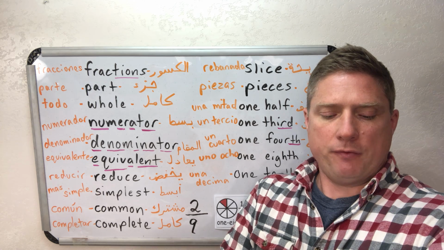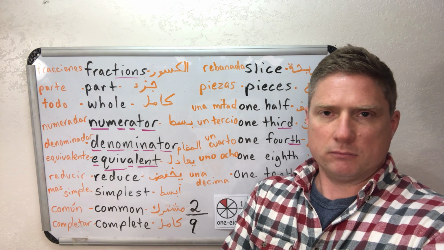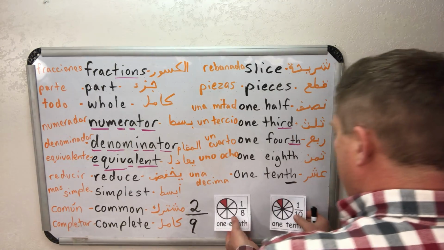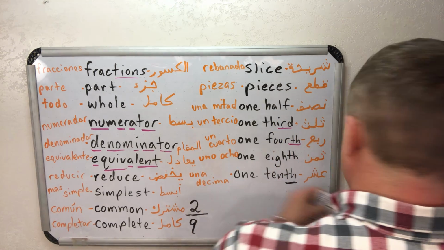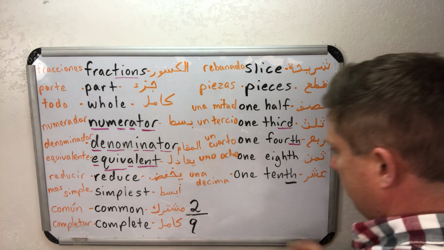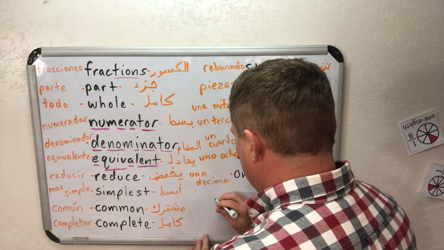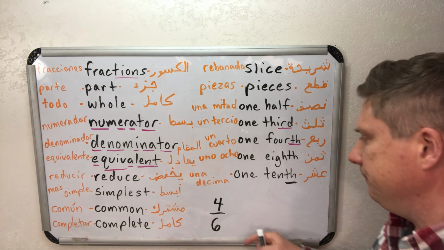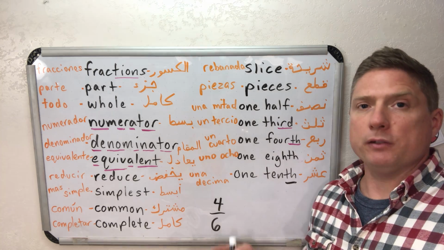9. Find common factors of both numbers. I'm going to show you really quick. Let me get rid of these guys. 8/10. Okay. So we have 4/6. So here's a fraction. But first, we want to find an equivalent fraction.